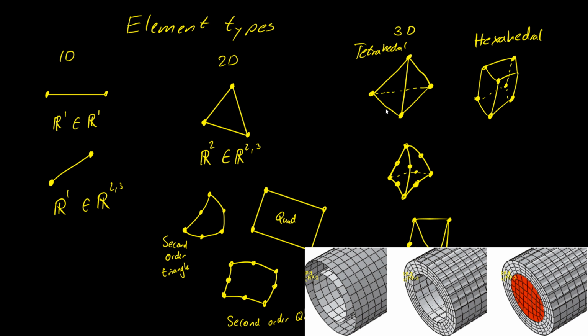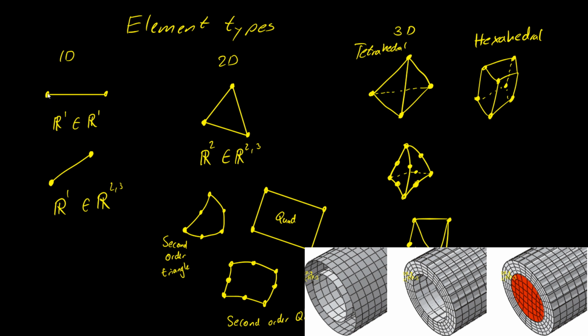Thus, we are left with either having a bunch of elements to model something like a car roof or something very thin, or you need to switch to a lower dimensional element that lives in 3D. So for instance, we can have 1D elements, we can have beam elements, and they are typically not R1, they are really R2.